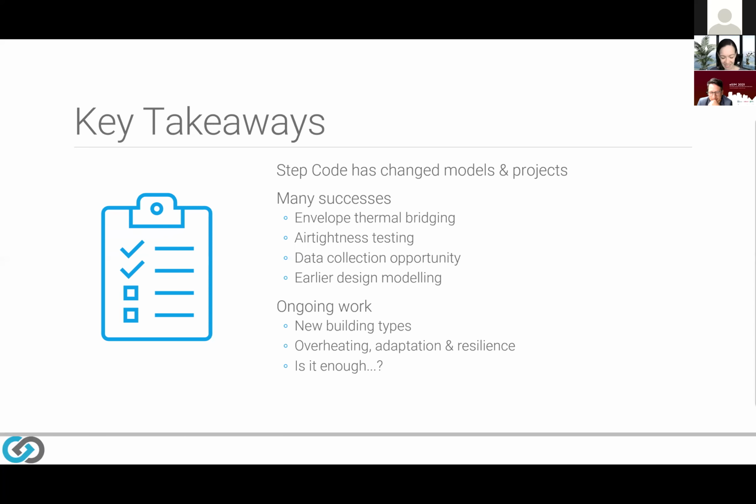One last thing that I really appreciate about what the province is doing is that they take the approach, let's do it and then make it better as we go. Overheating is a great example of that. It's in the code. We realize that we're not yet at the end goal. The current metric isn't doing everything that we want it to do, but hey, it's getting those conversations going.